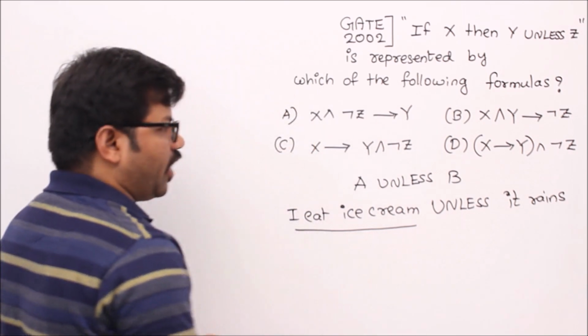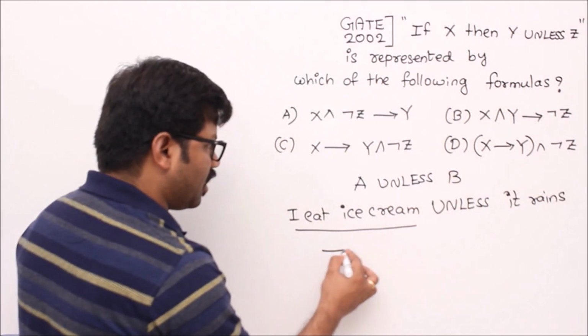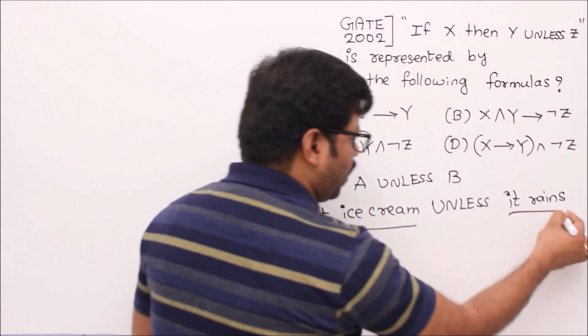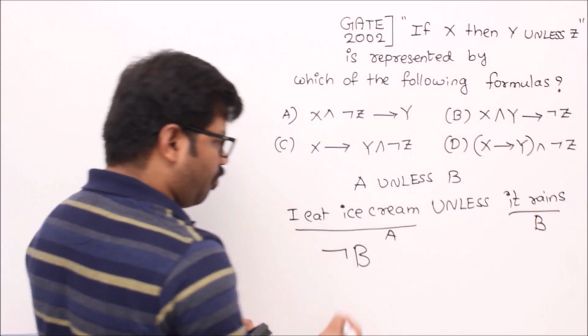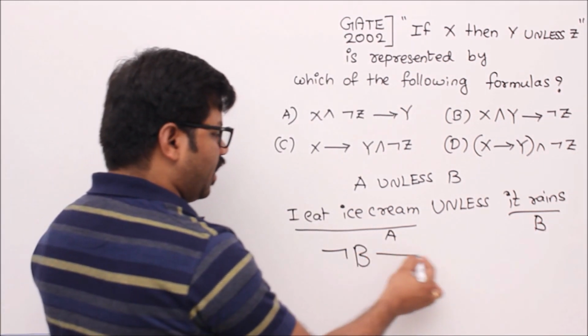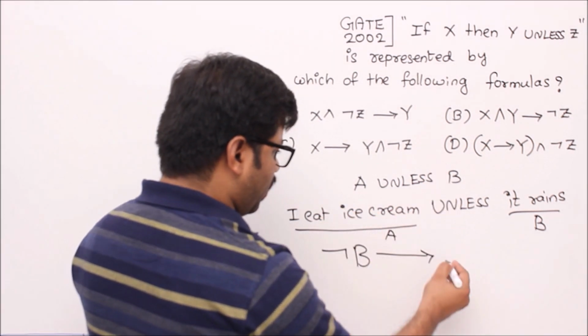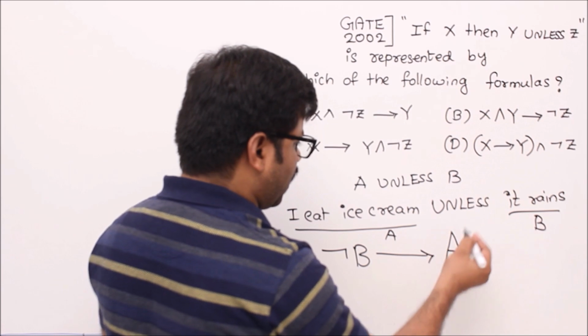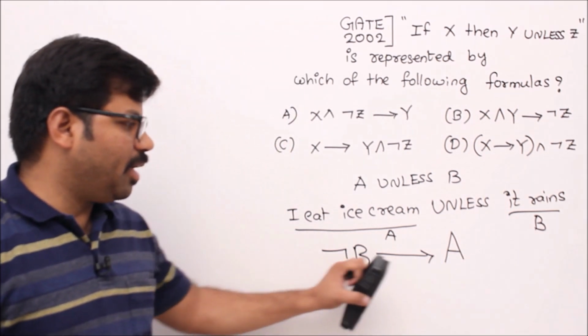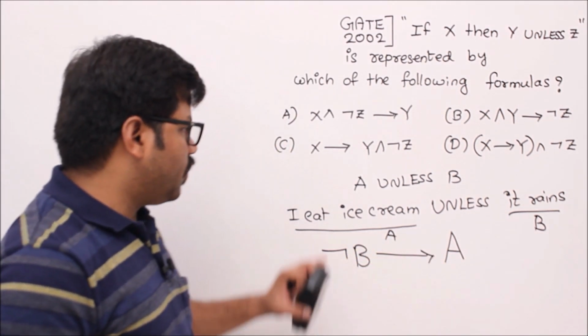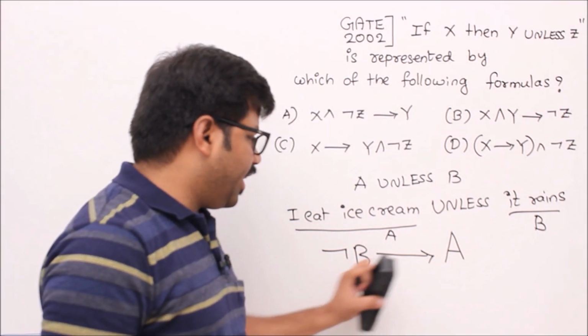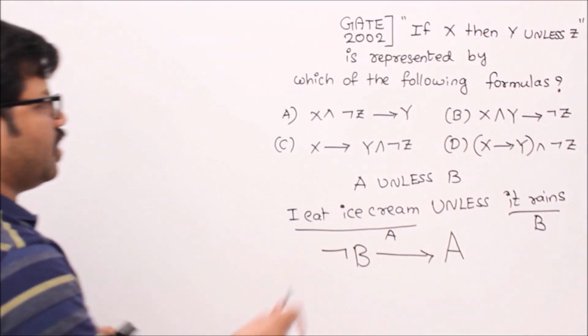So finally, if it does not rain, that means not B. Let's take this as B and this as A. If you ensure not B, then I can promise you an ice cream party where I eat a lot of ice cream, that means I eat ice cream. So negation B implies A. From now onwards, whenever I have A unless B, I write negation B implies A. Let's convert this problem.